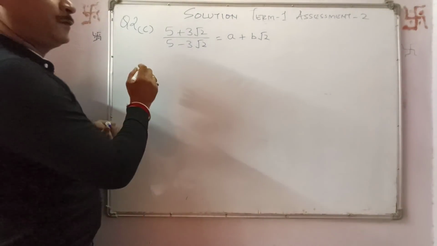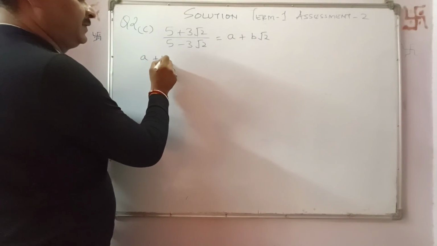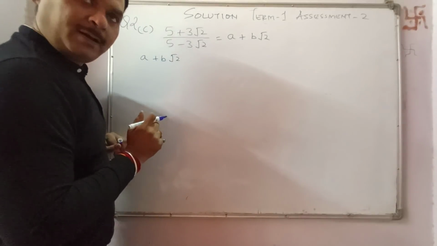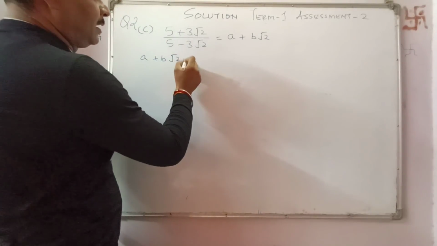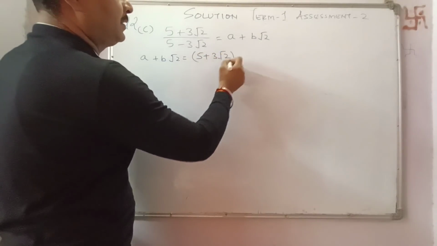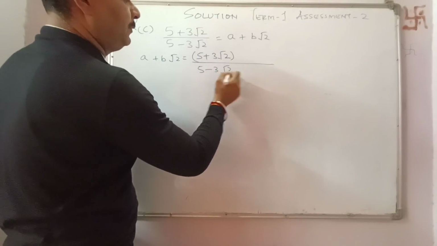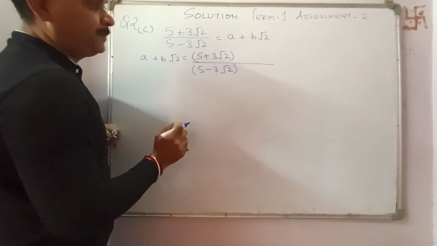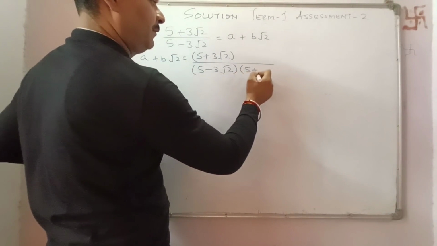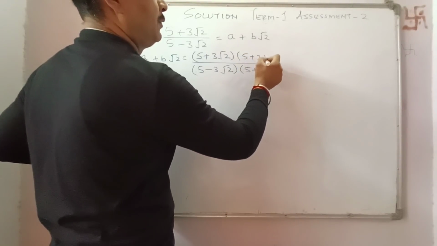Now first and foremost, since there is no denominator on the right hand side, we need to rationalize the denominator on the left hand side. This we have done earlier. 5 plus 3 root 2 upon 5 minus 3 root 2. Multiplying both numerator and denominator by the rationalizing factor, which is 5 plus 3 root 2, and again 5 plus 3 root 2.